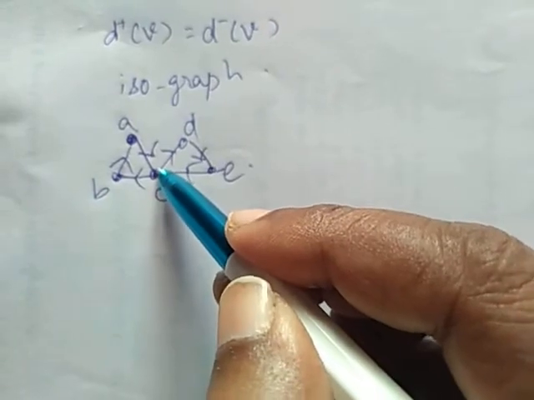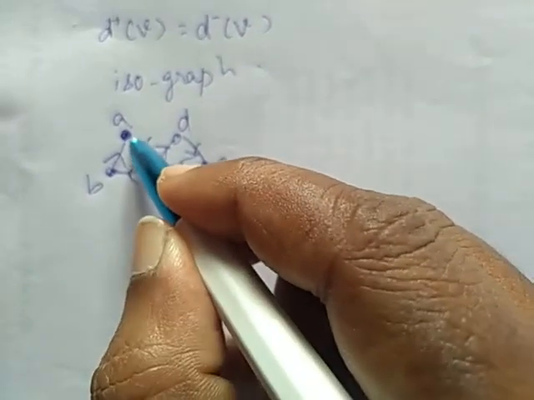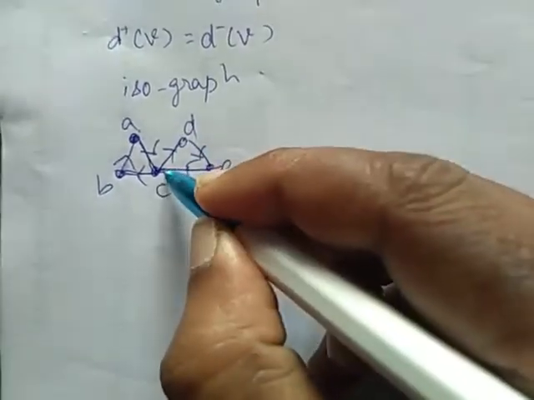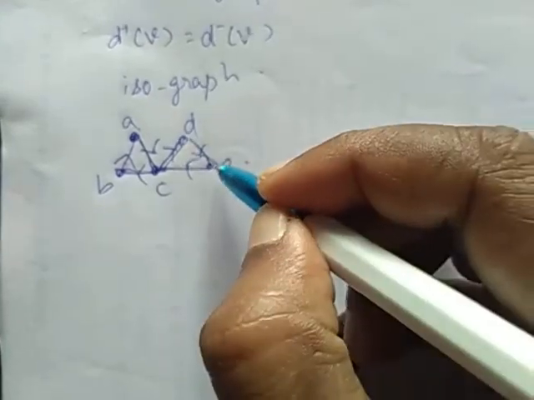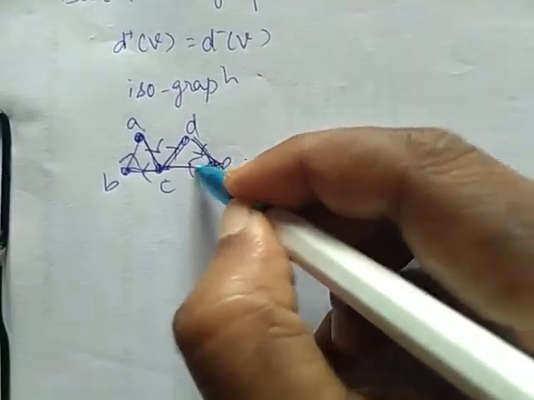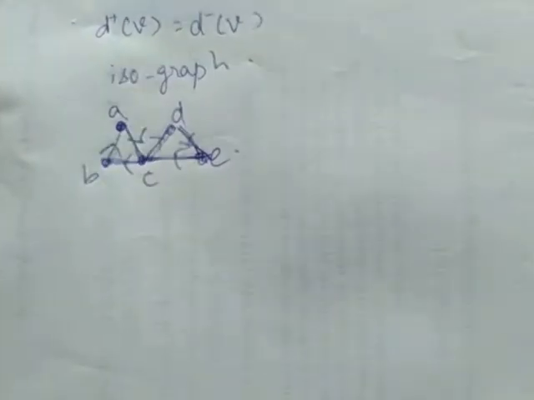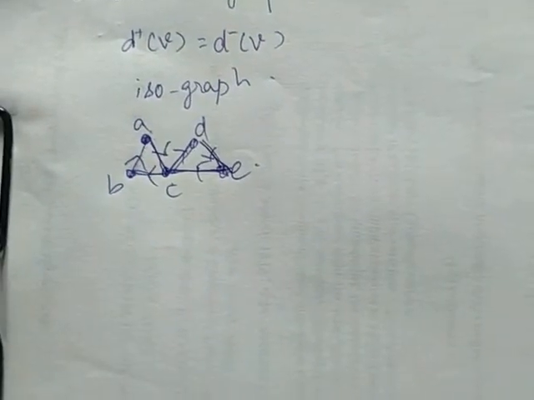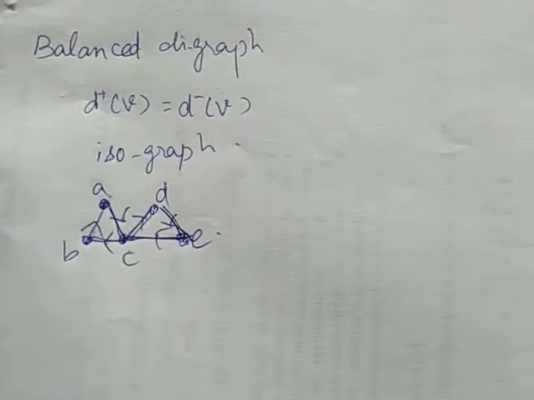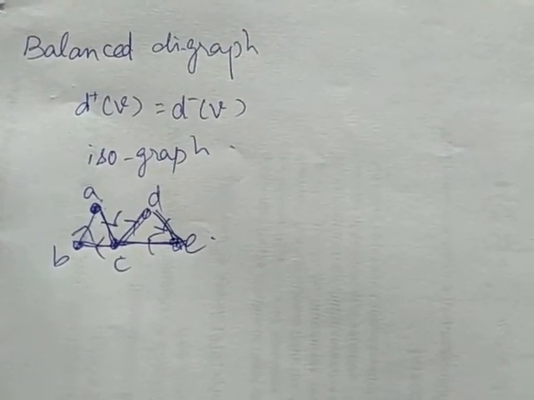For vertex C, in degree is 2, out degree is 2. For vertex D, in degree is 1, out degree is 1. In vertex E, in degree is 1, out degree is 1. So, for all the vertices, in degree is equal to out degree. This type of graph, we call it a balanced digraph.